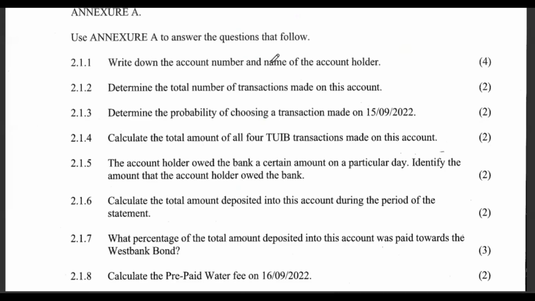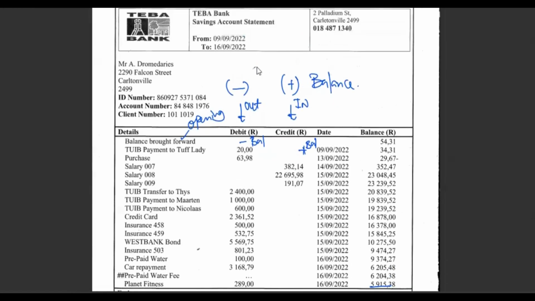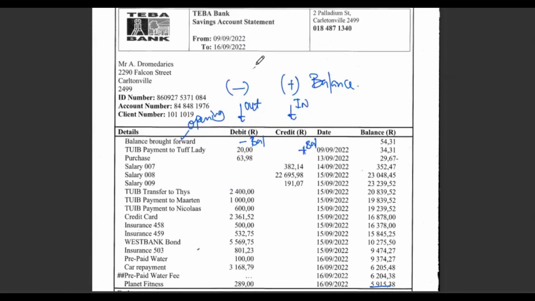All right, let's look at that. Write down the account number and the name of the account holder. Don't look that far. These are usually in front, on top of the statement. So the account number is this one here. The holder is this one here.